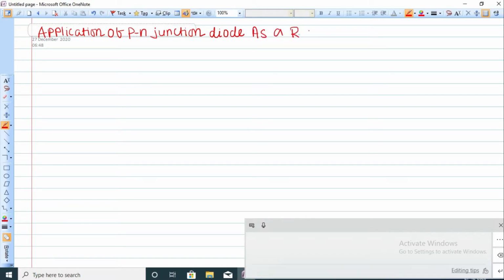This is our topic. So first, what is a rectifier? A rectifier is a device which converts AC into DC.